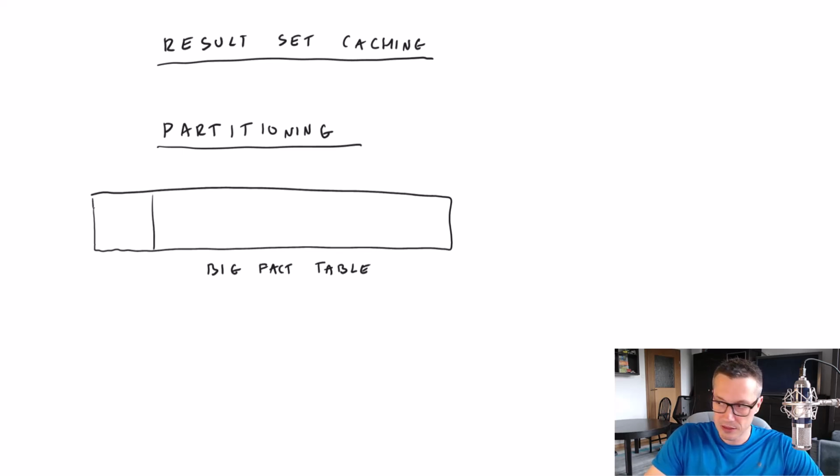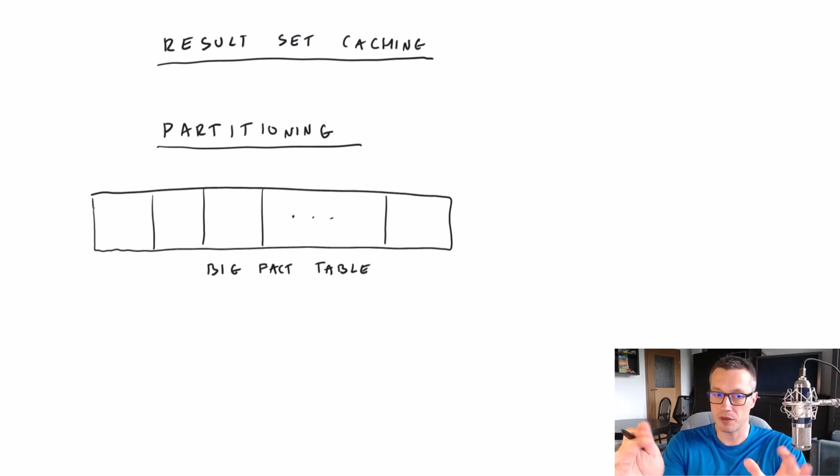And let's say that we would like to partition it based on some column. And in 99% of cases, you use a date column for partitioning. So let's assume that we did exactly this. We partition our fact table based on a sale date, or whatever date there is. And we created partitions by month.